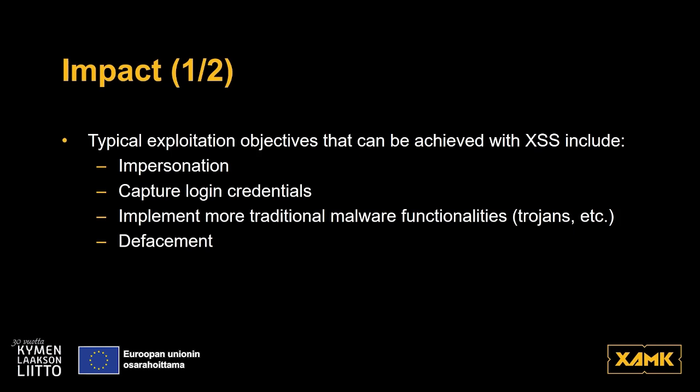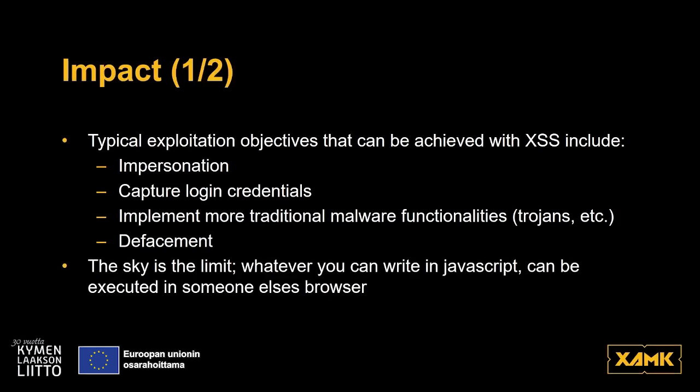So those are possible impacts that we can have. But honestly, the sky's the limit. Whatever you can write in JavaScript can be executed in someone else's browser. And if you ask me, at least personally, I would not want someone else's custom code executed in my own browser, whether at work or home, just because I visited a quote-unquote trusted website.